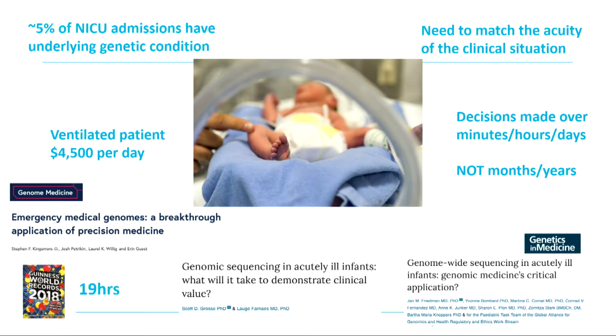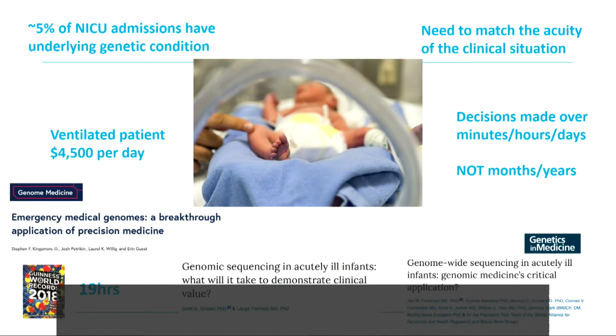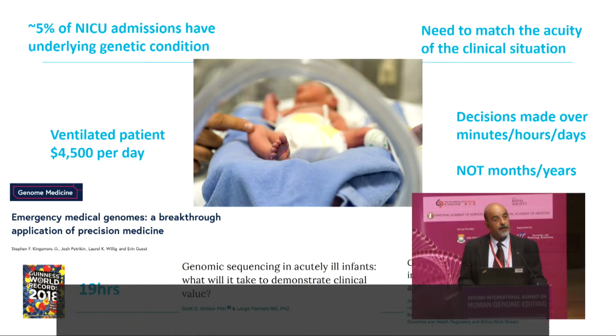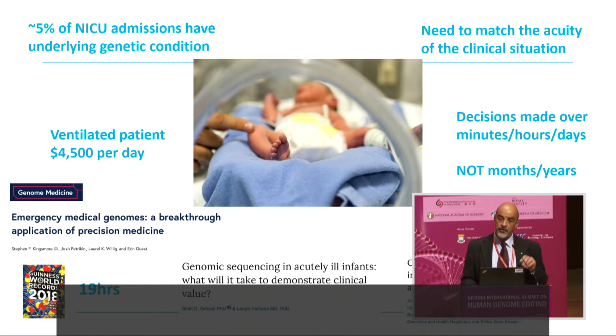And one example, just to focus in on one of the flagships, current estimates are that for around 5% of neonatal intensive care admissions, the basis for that admission is an underlying genetic disorder. And I've mentioned that it's been possible to deliver genomic diagnosis in a 3 to 4 month period or even a 2-week period, but that still isn't fast enough in an acute neonatal and paediatric intensive care setting where decisions really need to be made quickly if appropriate treatments are to be implemented.